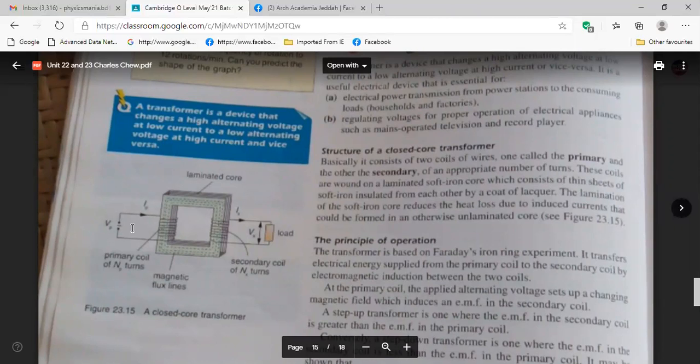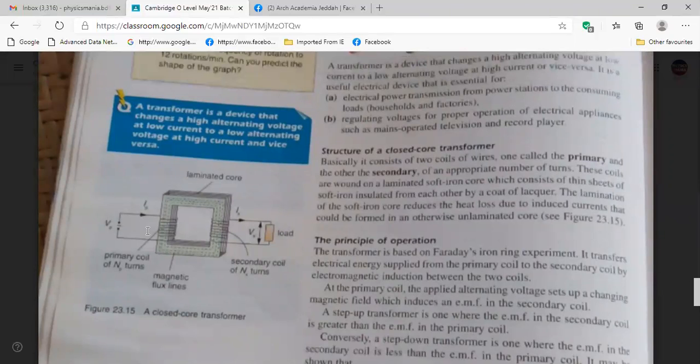So if there is a changing magnetic field over here, then these magnetic field lines are cut by the secondary coil, right? Here is written VS, that means secondary coil.